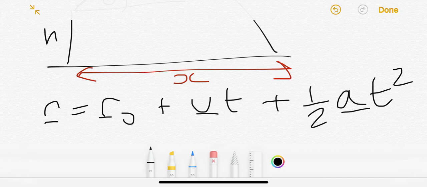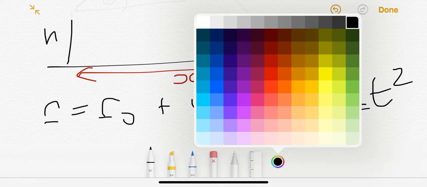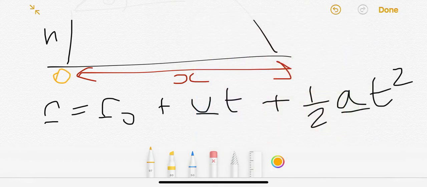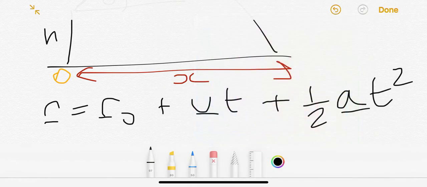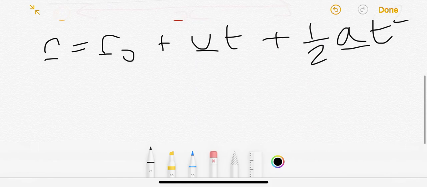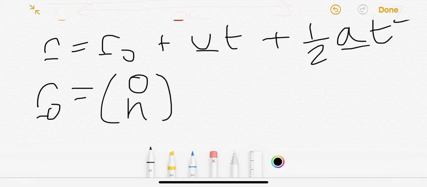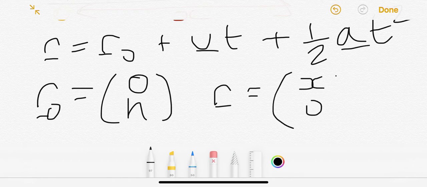Well, we know if we take the origin as being here, then r0, our initial position, is going to be 0, h. And we also know then our final position, r, is going to be x, 0. And we want to find that x.